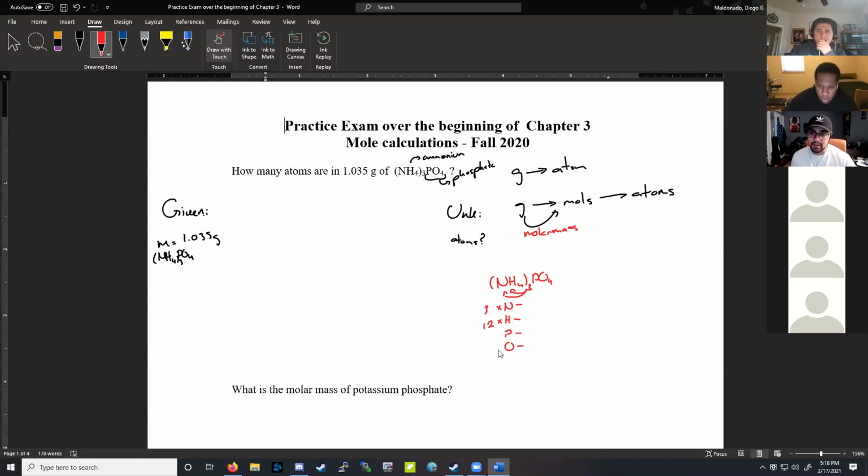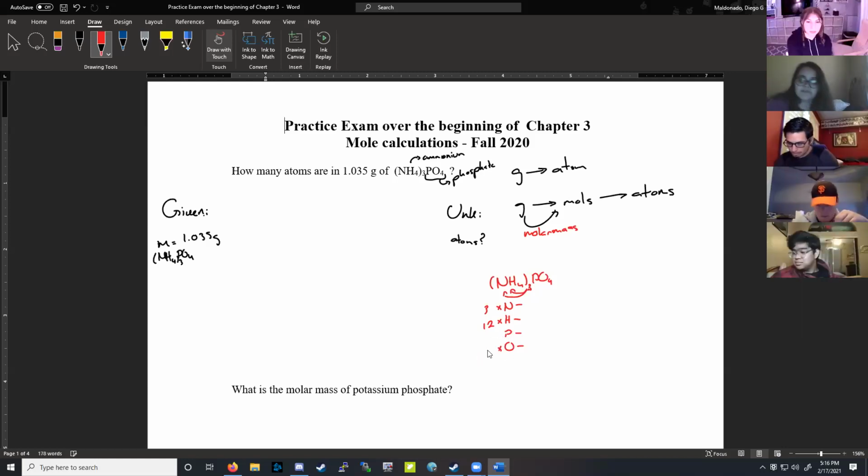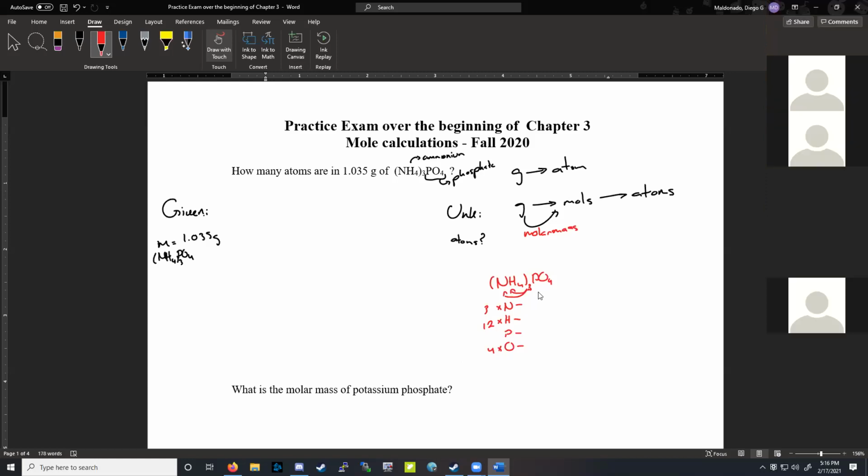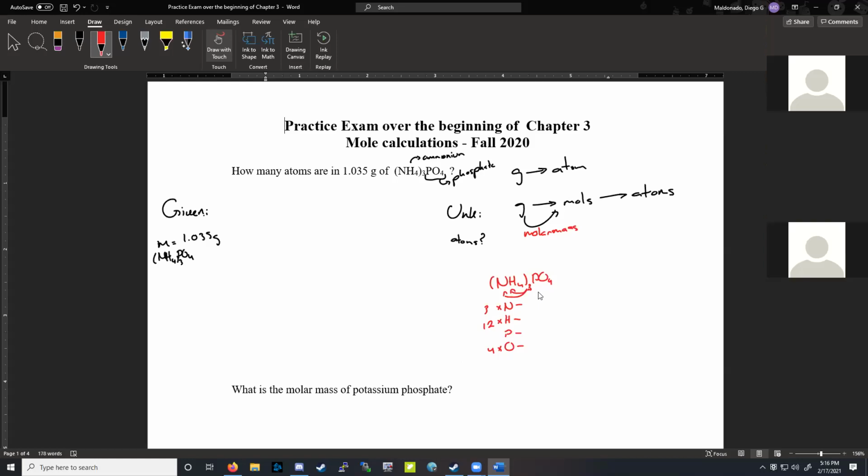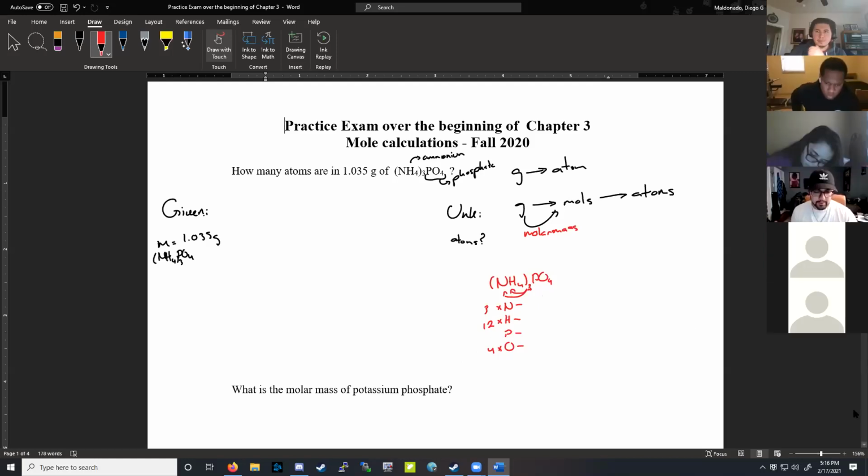No. And then our oxygen? 4. So for nitrogen, we have 14.00 times 3, hydrogen 1.008 times 12, phosphorus is 30.97, and oxygen 16 times 4.